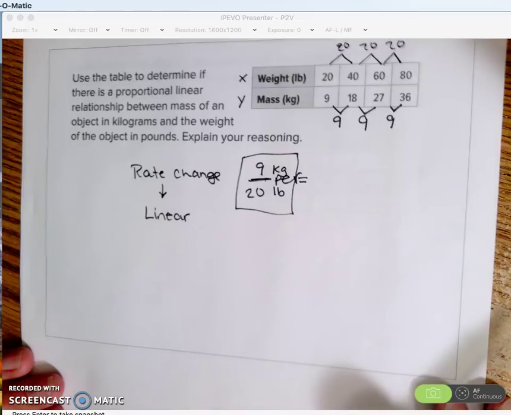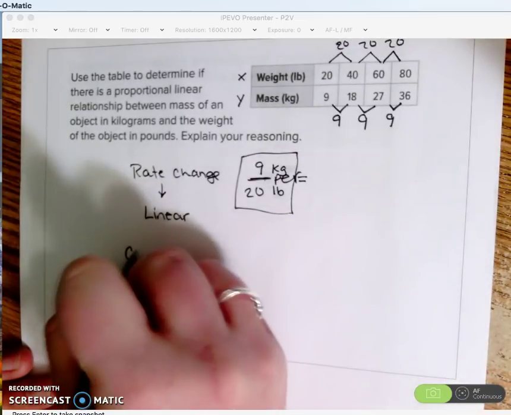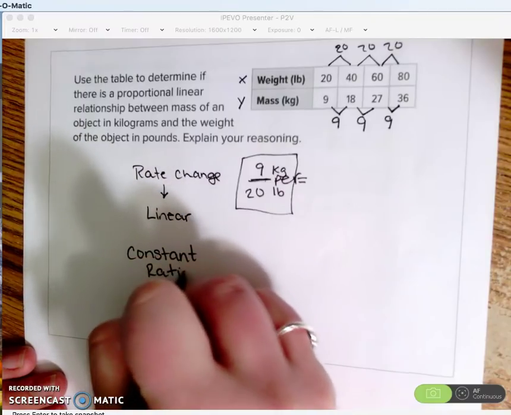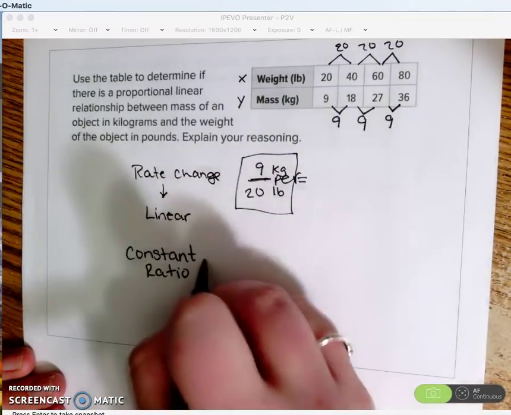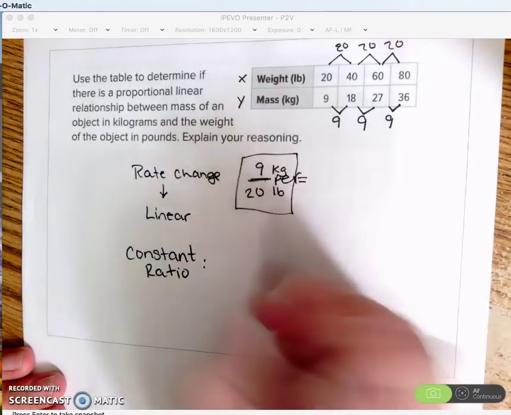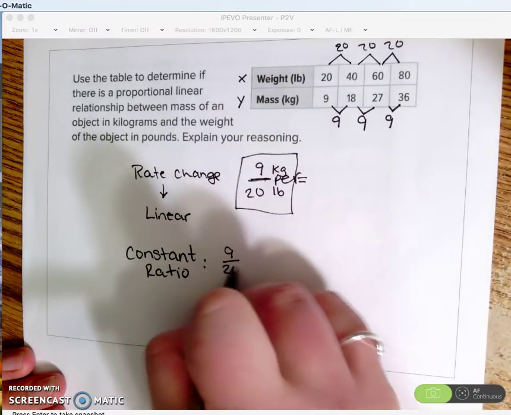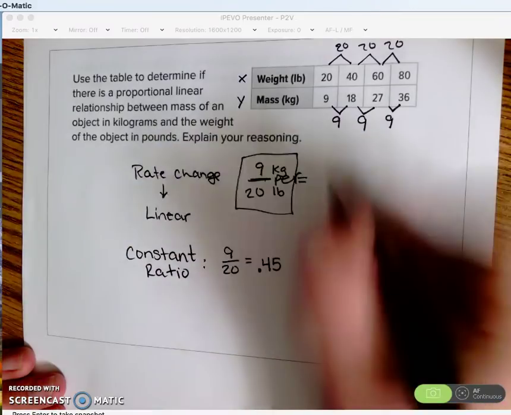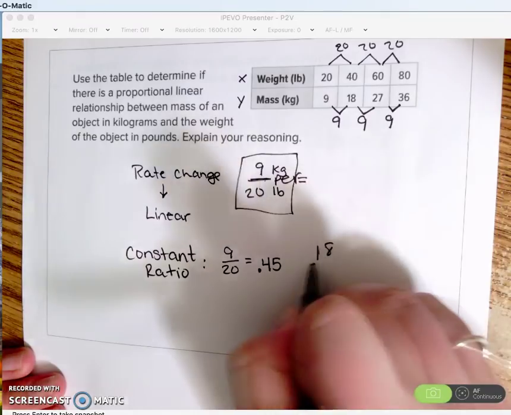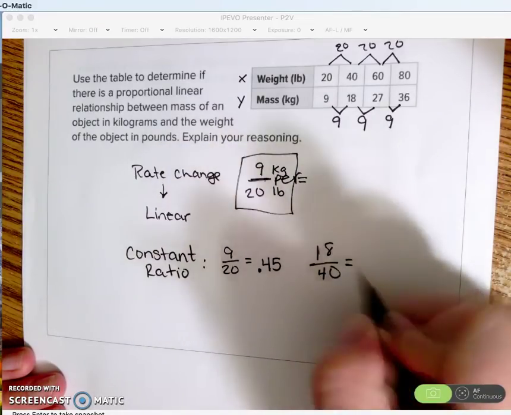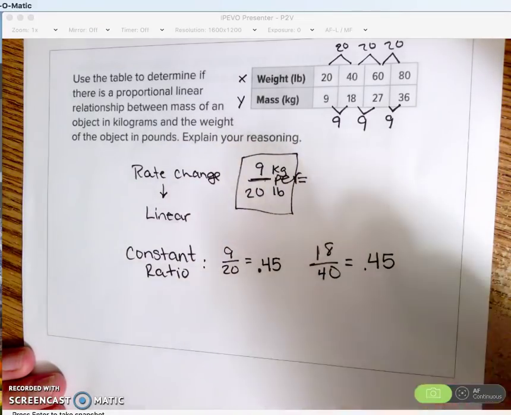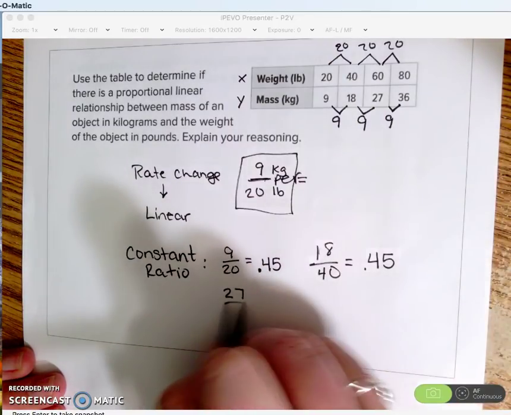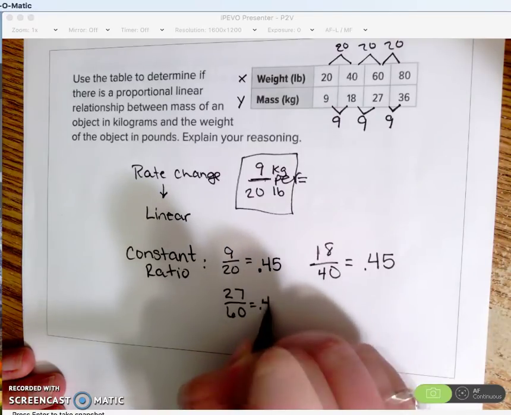Okay, now I want to see if I have a constant ratio. And if I do have a constant ratio, it is a proportional relationship. So I'm going to take 9 and divide it by 20. That's going to equal 0.45. Okay, 18 divided by 40, and that's going to be 0.45. 27 divided by 60, it's going to equal 0.45.